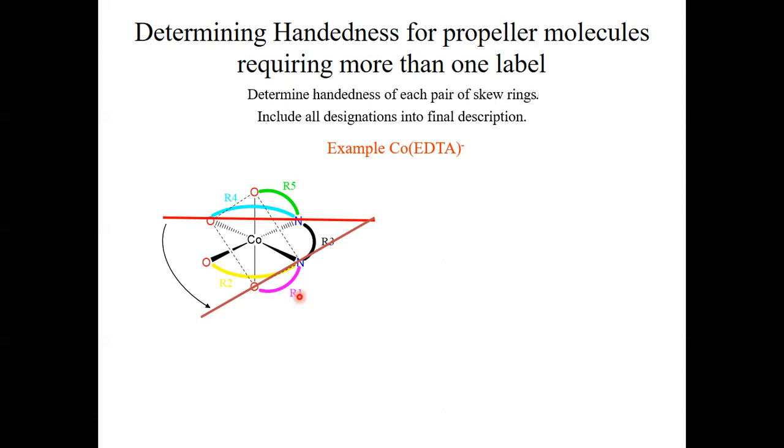Okay. So now what about the other two ring combinations? R5, R1 and R5, R2. So now you see that it will be most convenient if we rotate R5 into a position that is oriented horizontally and points to the back, because then we can directly see the handedness of the combinations with R2 and R1 respectively.